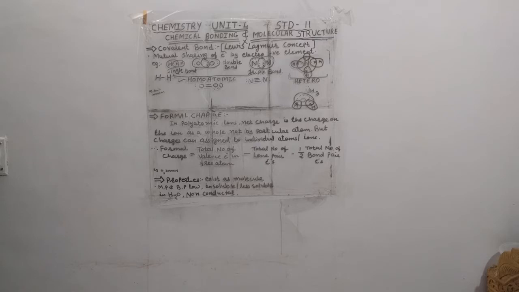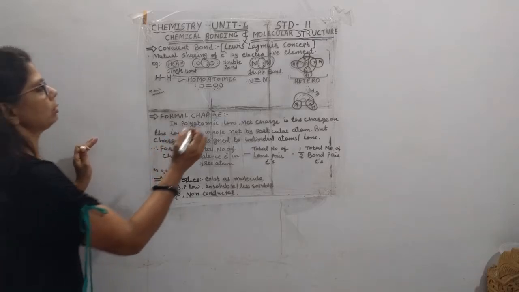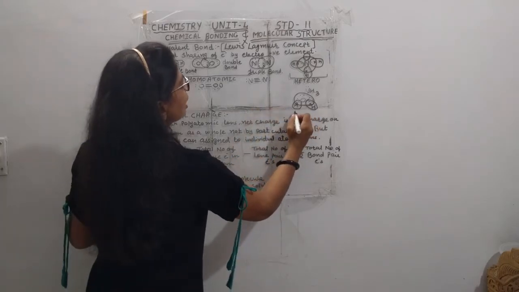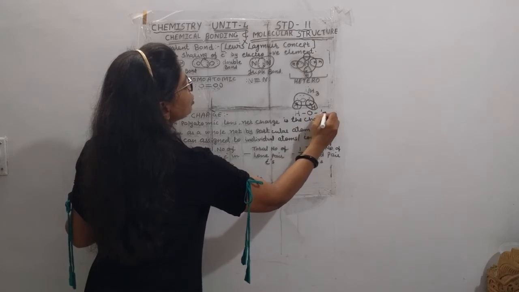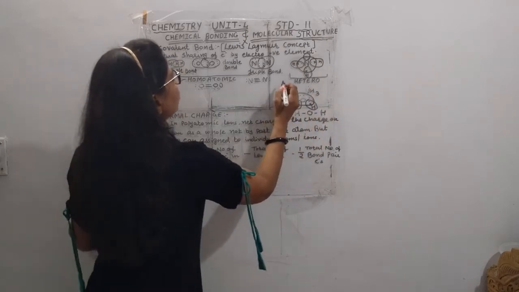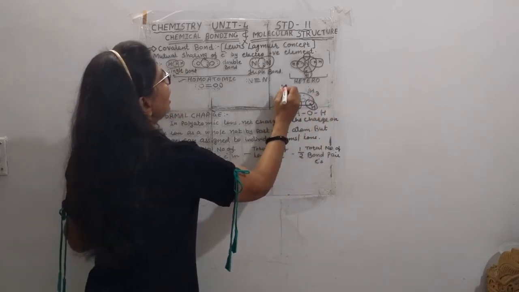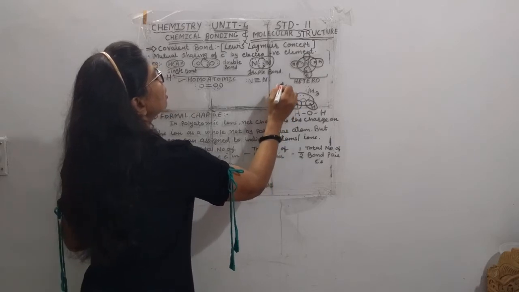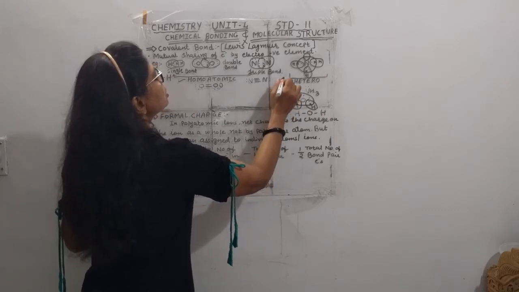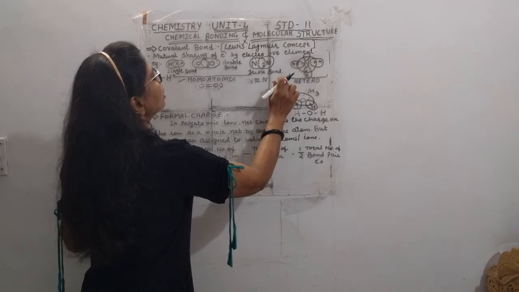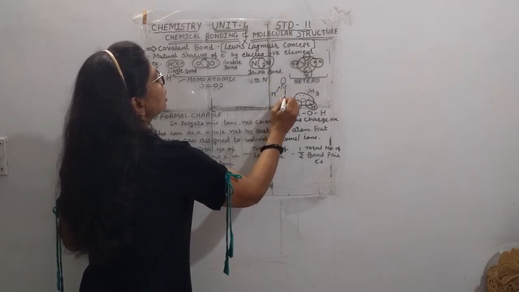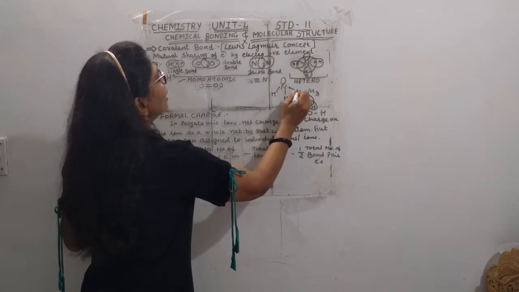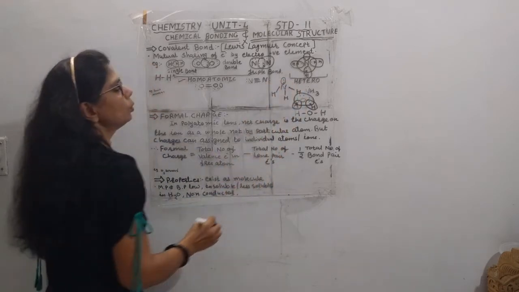Now after completion of this heteromolecule, student, this we are showing with H2O. We are showing how H, O, H. And NH3 we are showing that N. Here this is your lone pair. H, H, H, and this is your lone pair.